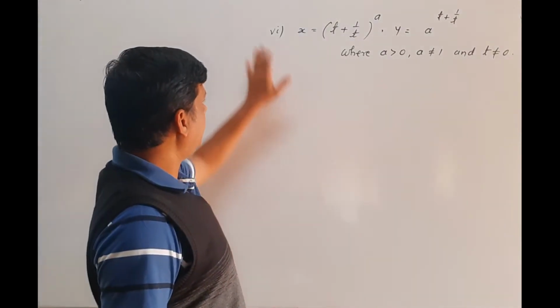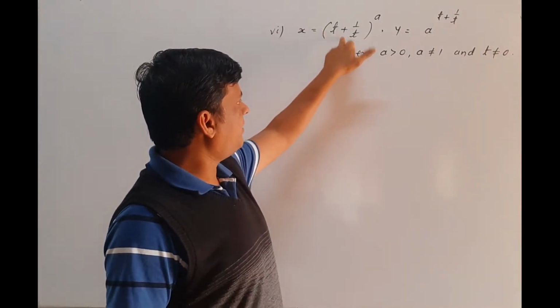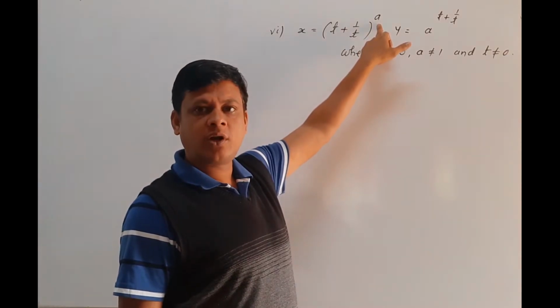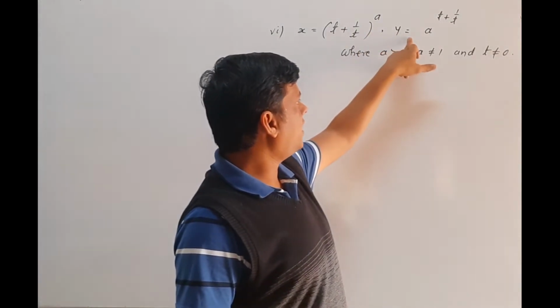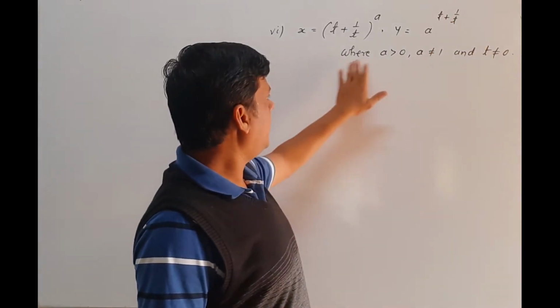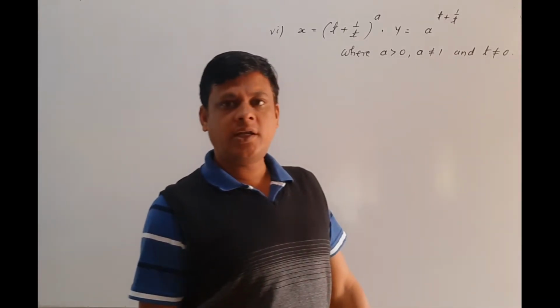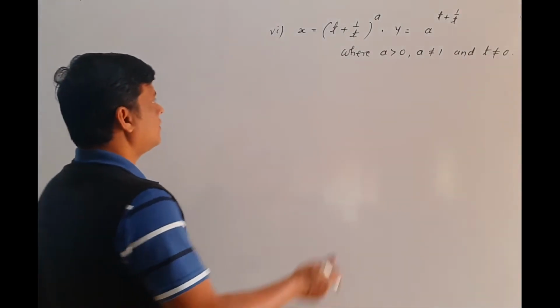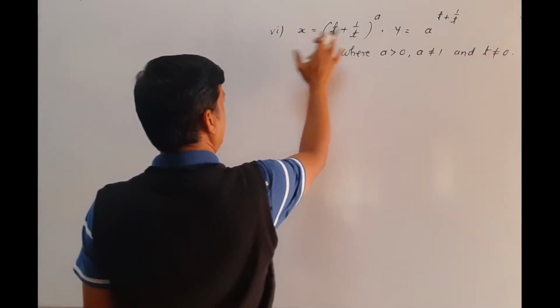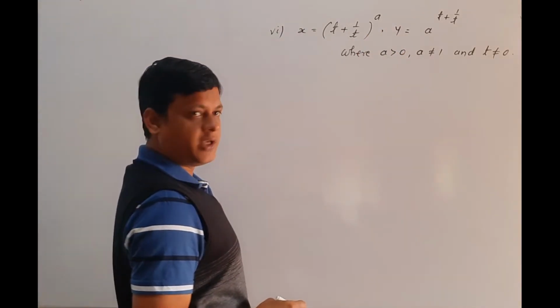Now see the next sub-question 6. x equals t plus 1 by t bracket raised to the power a, y equals a raised to the power t plus 1 by t, where a is greater than 0, a not equal to 1 and t not equal to 0. So see here, the parameter is t, so we have to differentiate with respect to t.